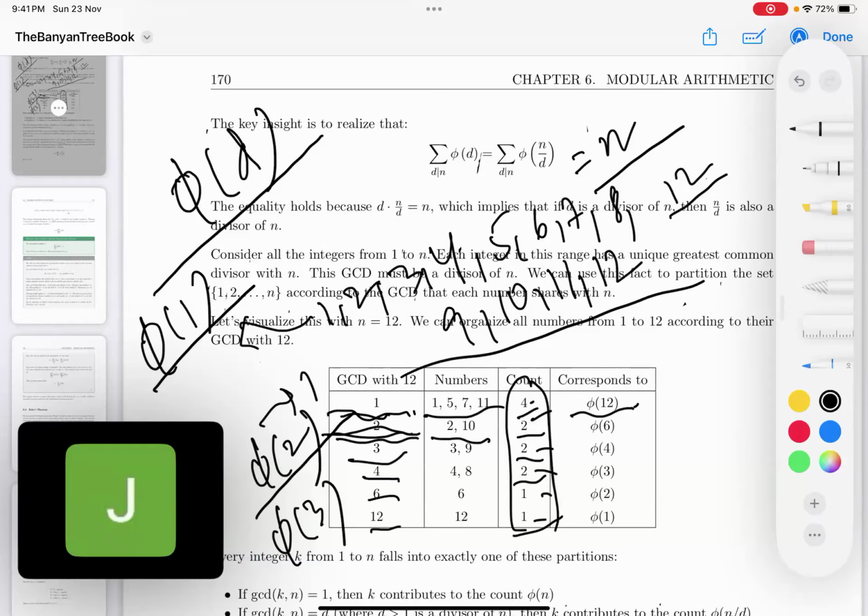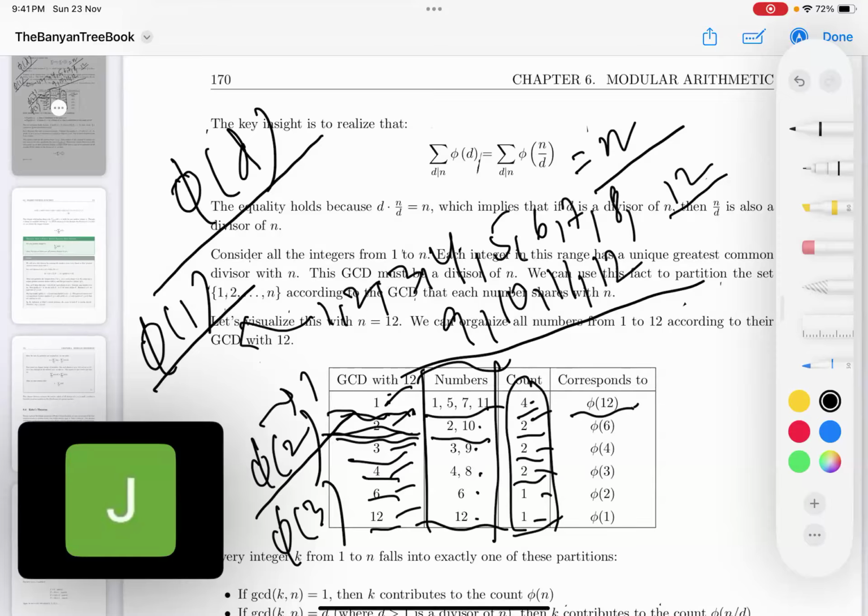You take any number, it can have a GCD of 1, 2, 3, 4, 6 or 12 with 12, correct? There are no other options, which means all the 12 numbers can be broken down into these 6 sets, and there are exactly 12 numbers in the summation of the orders of the sets.